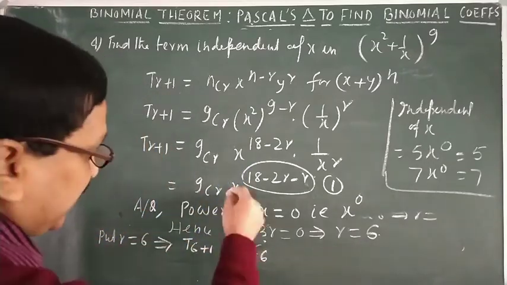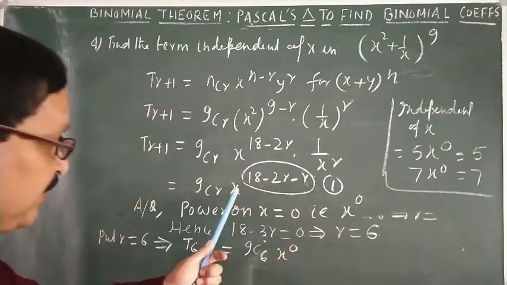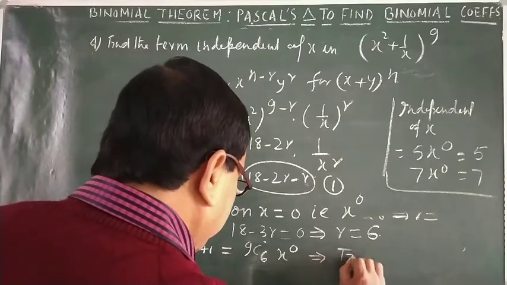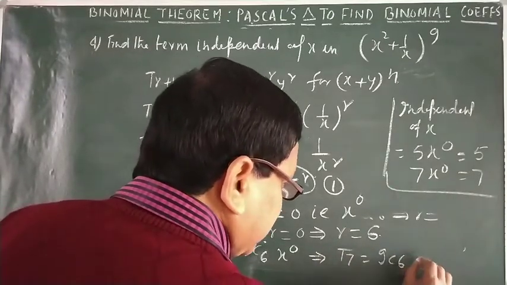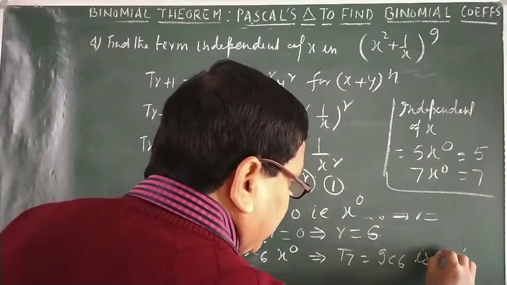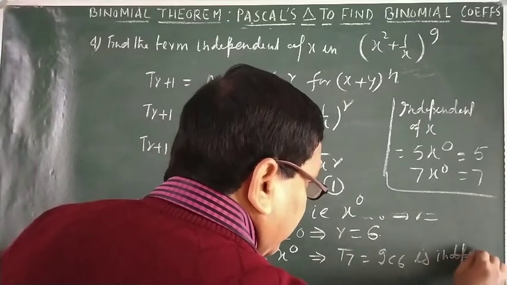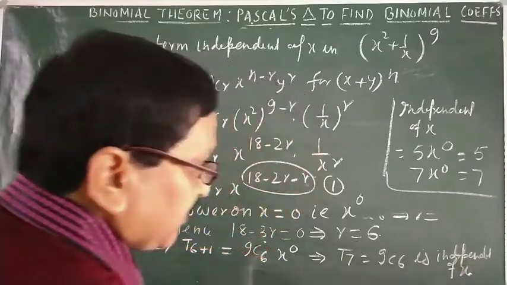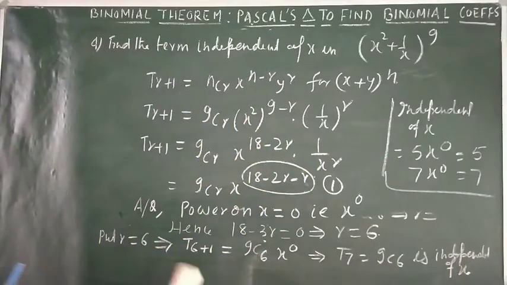This is already x to the power 0 because we have equated it to 0. So T7 is equal to 9C6, which is independent of x. Our problem is done.